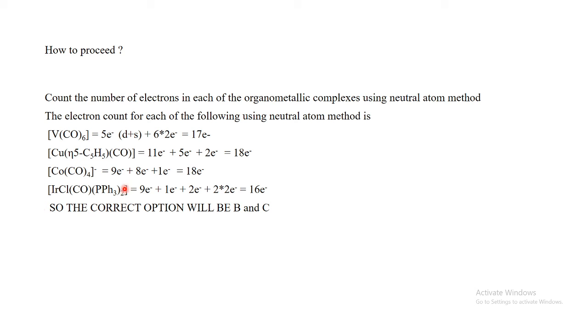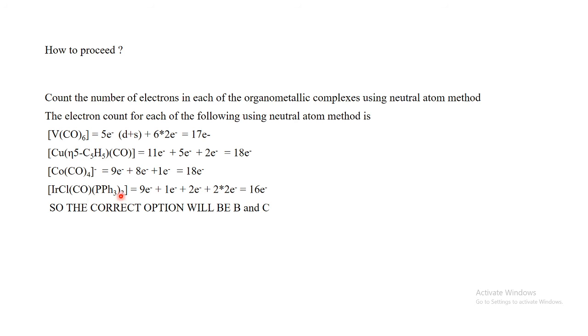The last complex is of iridium. Cobalt, rhodium and iridium fall in the same group. The d electron count for iridium is 7, and again we consider the s electrons. So 7 plus 2 will be equal to 9 electrons. The chloride ion will give 1 electron in the neutral atom method, and a carbonyl ligand will give 2 electrons.